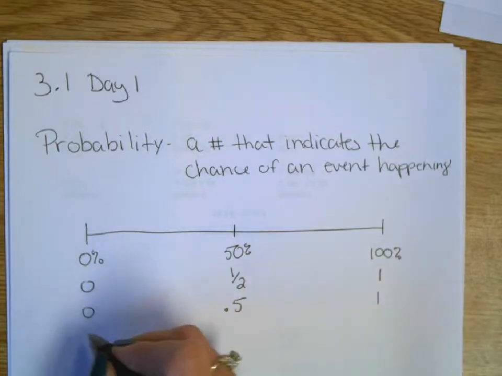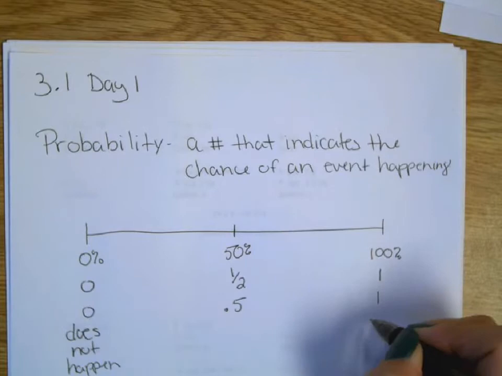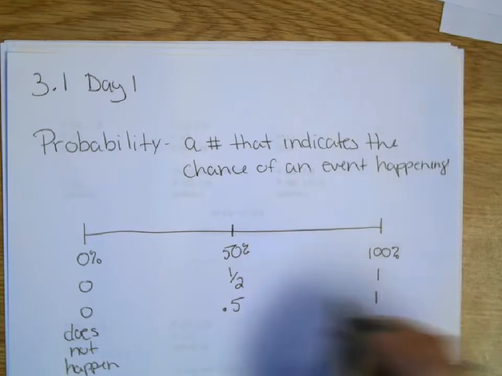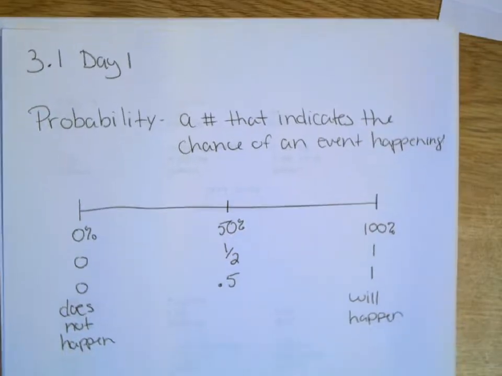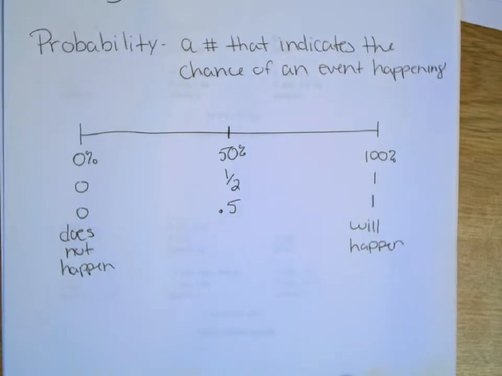So again, this absolutely does not happen, and this one's a guarantee, it definitely will happen. So the higher the probability, the higher the chance of something happening.